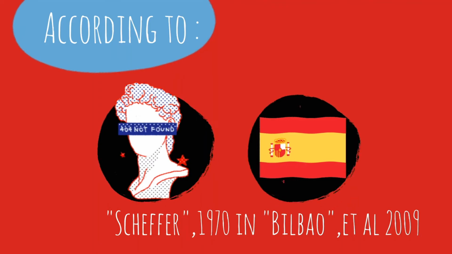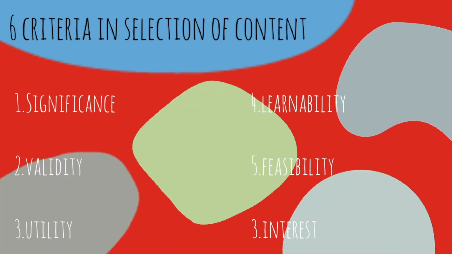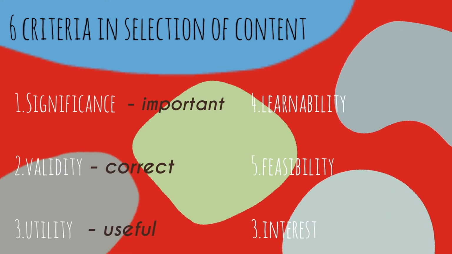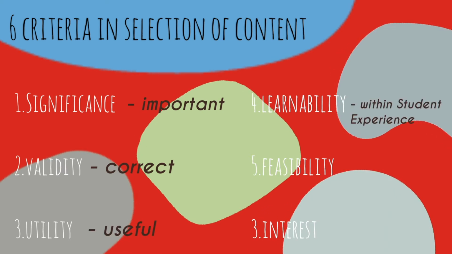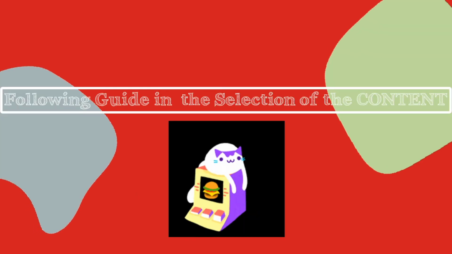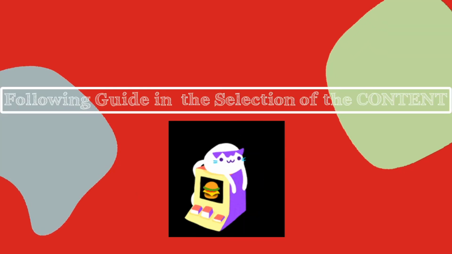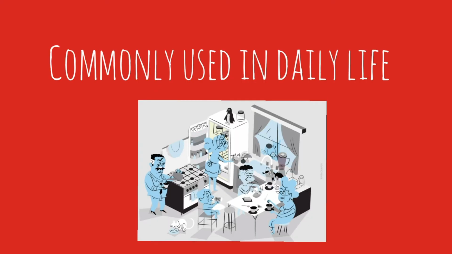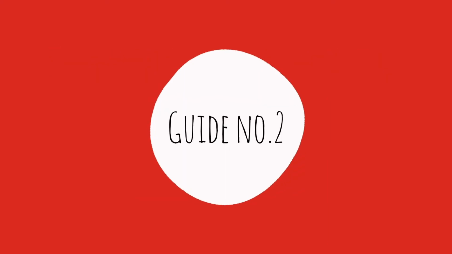According to Skipper 1970 in Bilbao et al. 2009, there are 6 criteria in selection of content. It must be important, correct, useful, within student experience, practical, and interesting. These are the following guides in selecting a content in the curriculum. Guide number 1. It must be commonly used in daily life. Guide number 2.